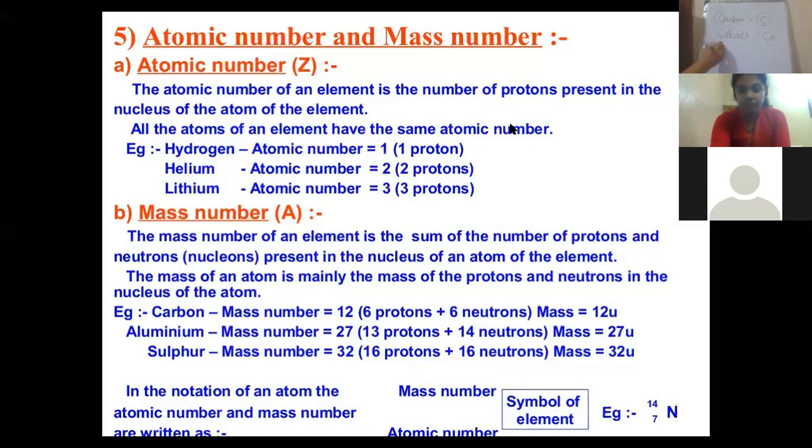For example, sodium. As per the rule, the first alphabet should have been the symbol for sodium, that is S. But the symbol of sodium is Na. Why? Because preference has to be given to the Latin name, and the Latin name of sodium is natrium.